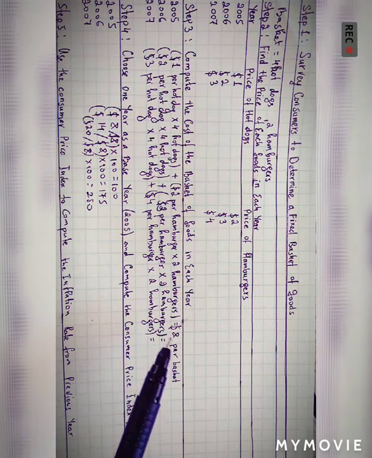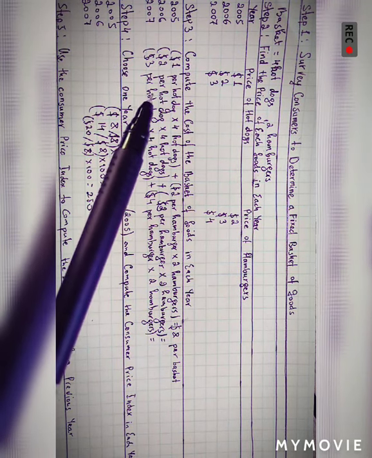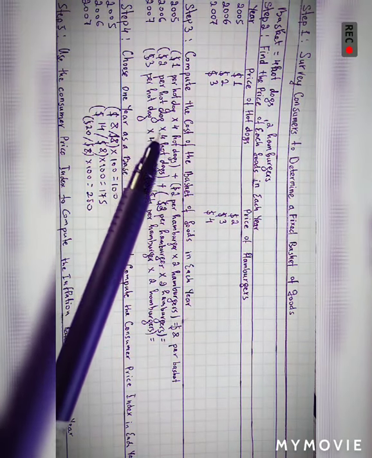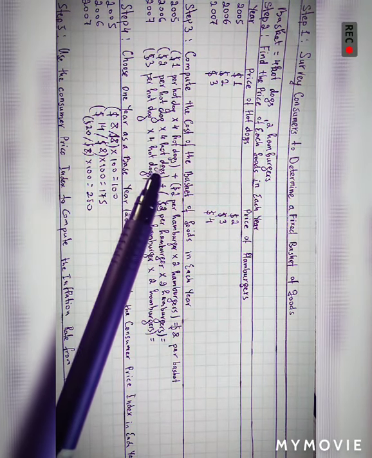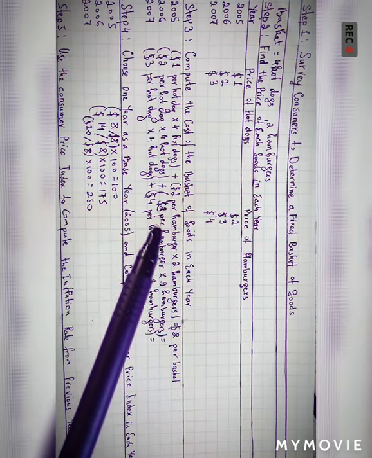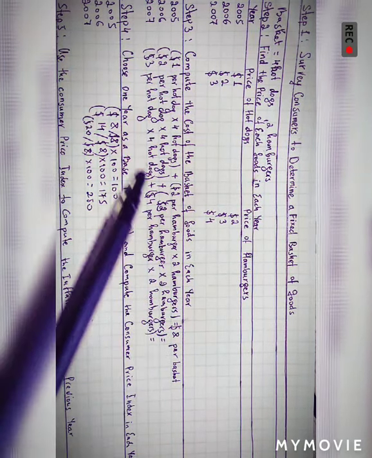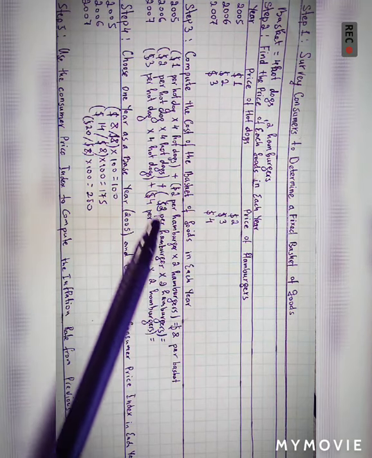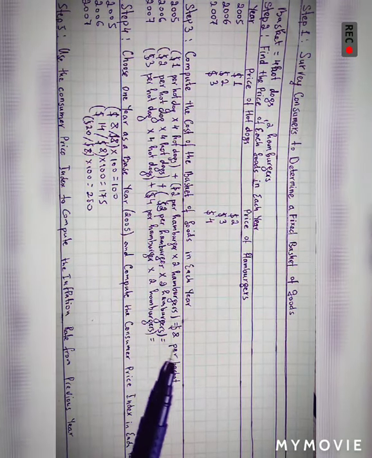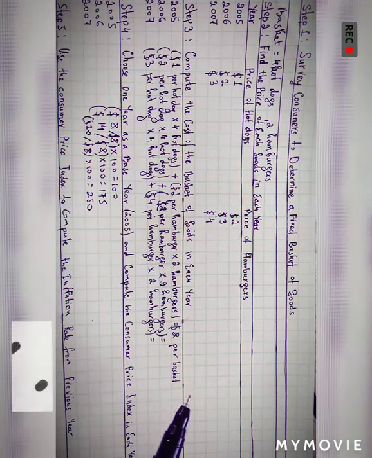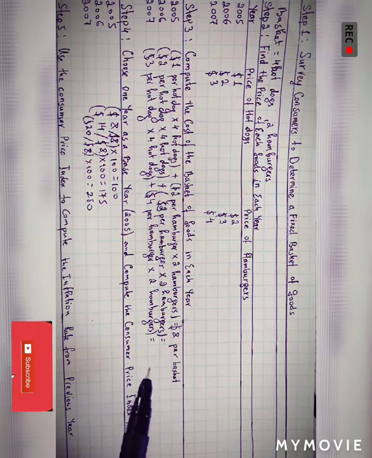So the result is $8. The next is 2006, $2 per hot dog, multiplied by 4 hot dogs, and $3 per hamburger multiplied by 2 hamburgers, and then plus. The result is $14.